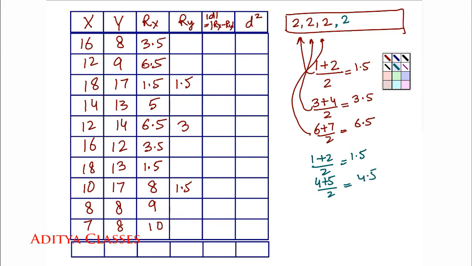I'll award them both 4.5. So I get a 4.5 and another 4.5. So what has happened? 1, 2, 3, 4 and 5 ranks are gone. The next rank is 6. It looks like only one person is contesting for it. 6.